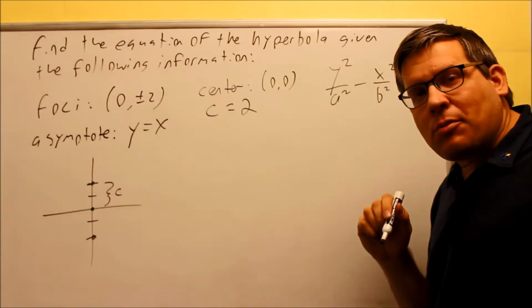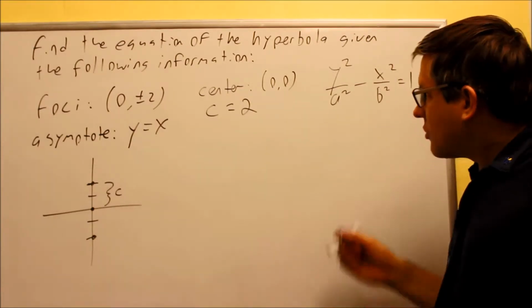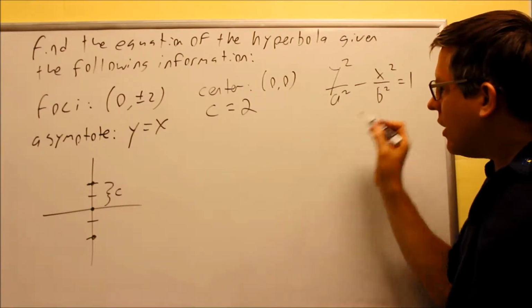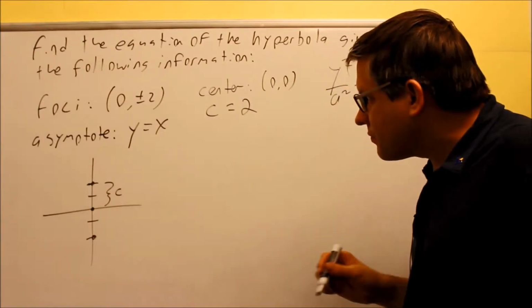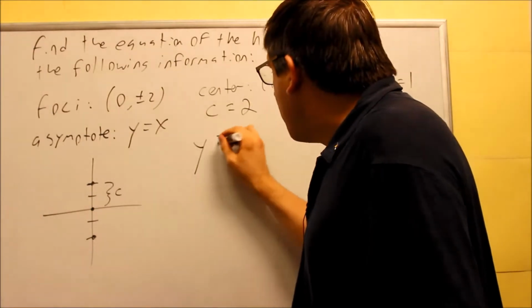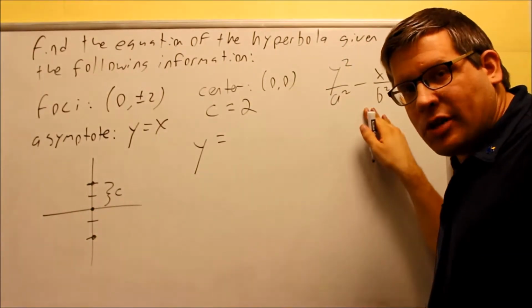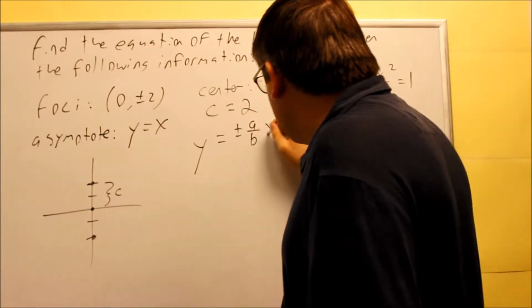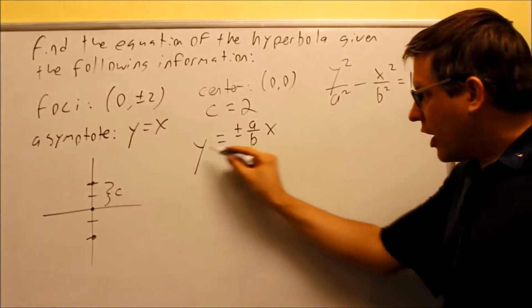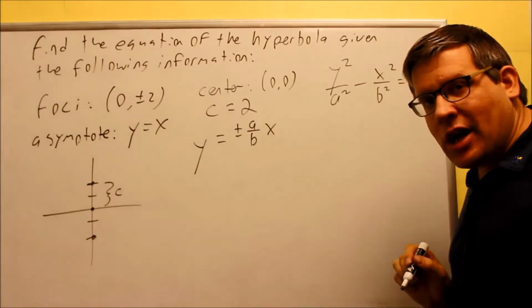I have to know at least one of the other numbers. So like the previous examples I did, if I know either a or b, then I can solve for the other one. So in this case, I need to actually look at the asymptote. Let's look at the basic formula. If I have a hyperbola that opens up and down, here's the general formula for the asymptote. It's y equals plus or minus a over b times x.